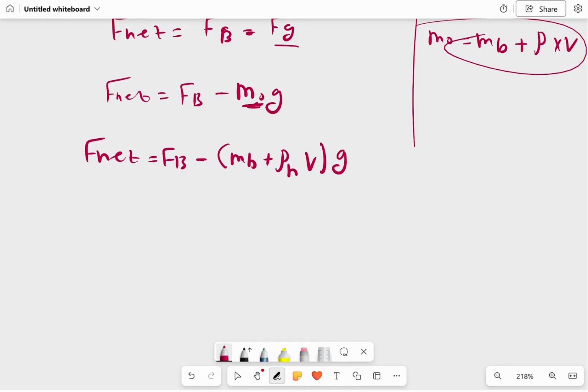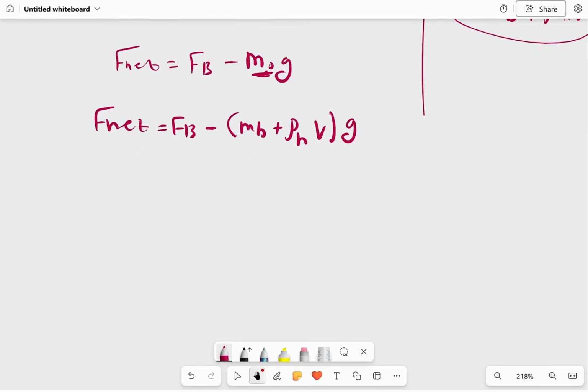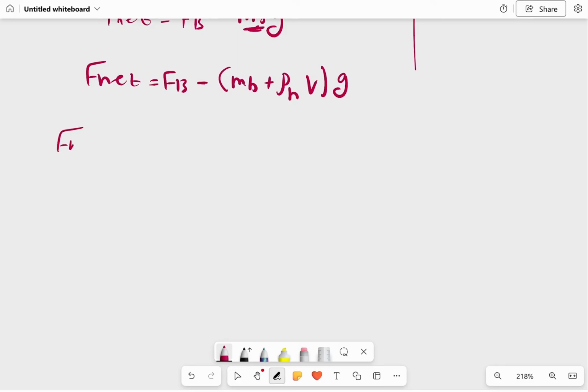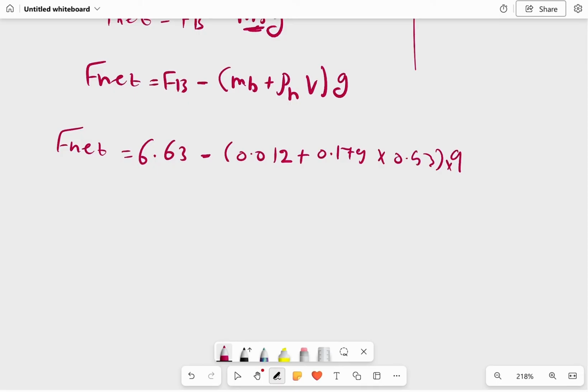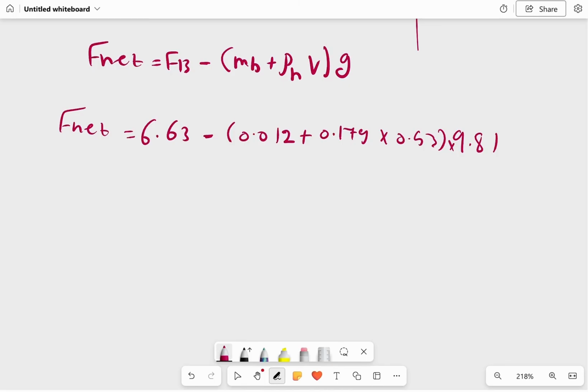Now F net will be: you have buoyancy, which is equal to 6.63, minus the mass of the balloon, 0.012, plus the density of helium, 0.179, times the volume, 0.53, all times 9.81.